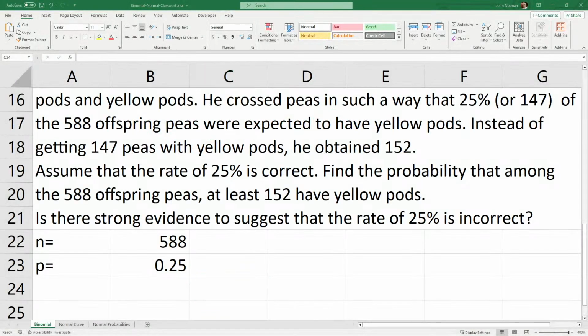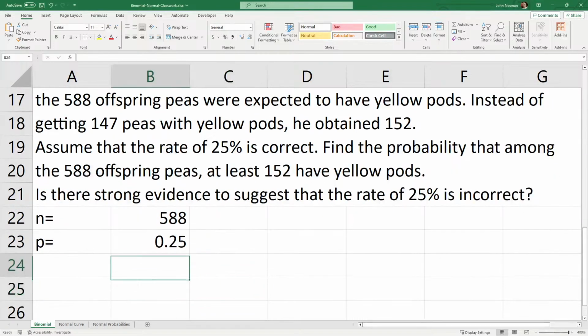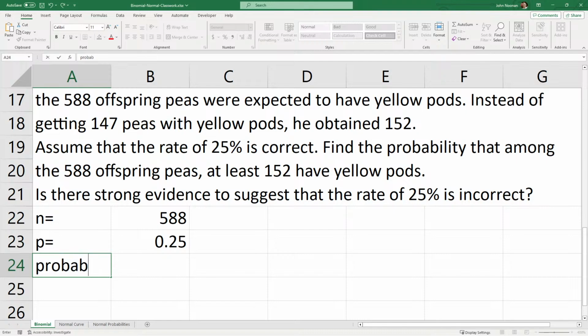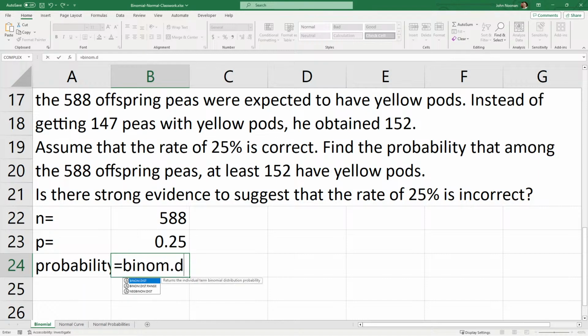So this is a range. And so over here, I'll do my probability. Probability is going to be equal to binom.dist.range.